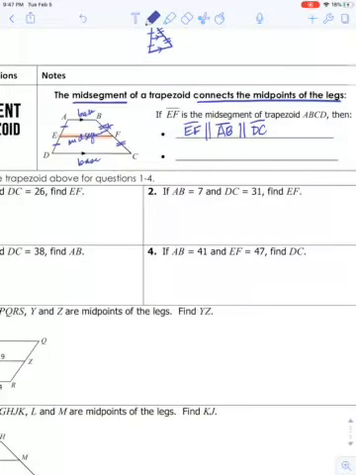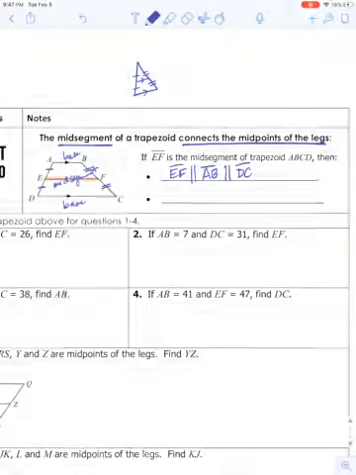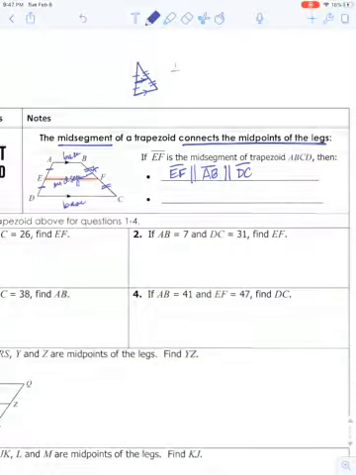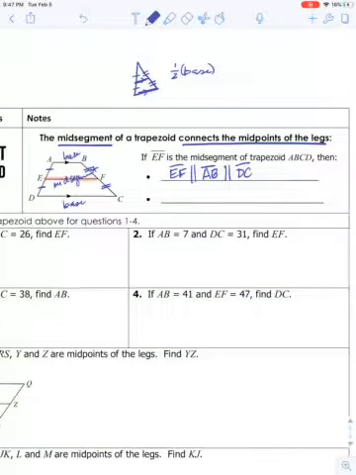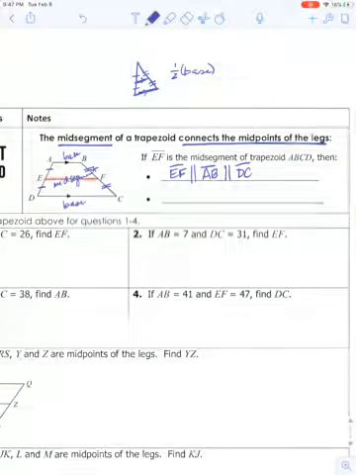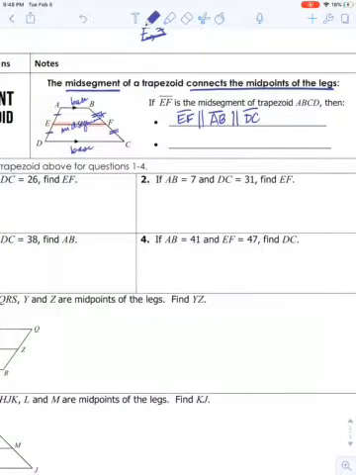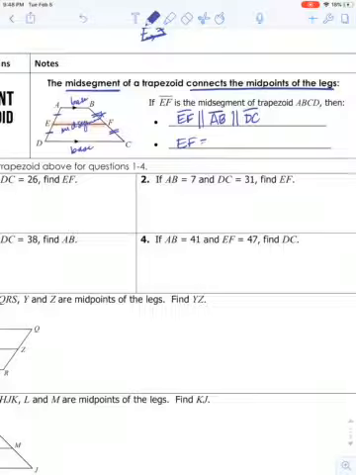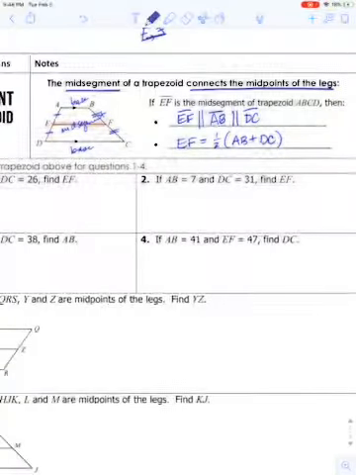In addition to that very important fact, just like with the mid-segment of a triangle, the mid-segment was 1/2 of the base, or the third side. In a similar sense, it's 1/2 of the bases added together. So we say EF is the average of the bases, or 1/2 of AB plus DC.